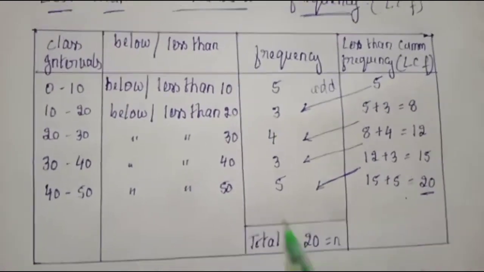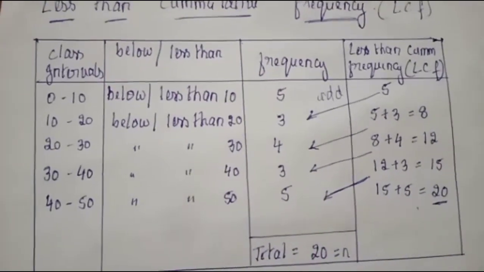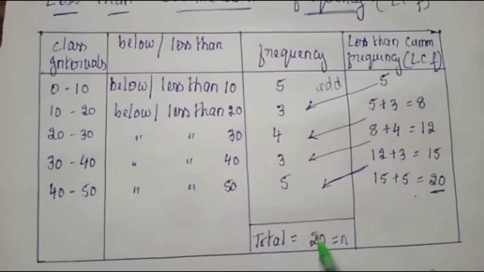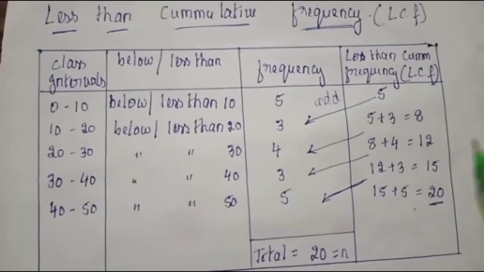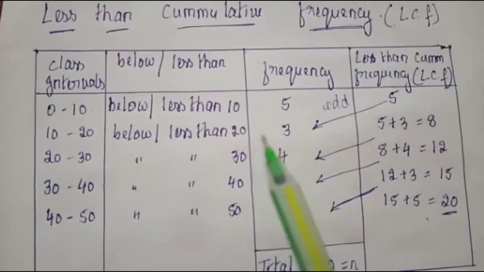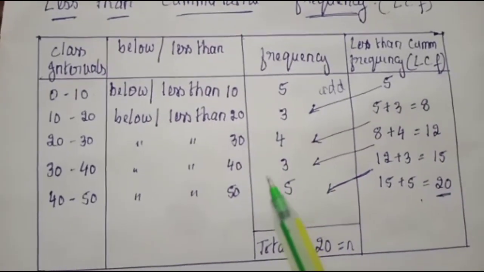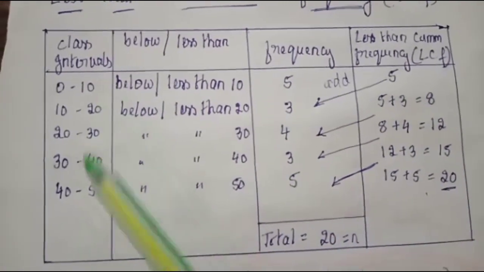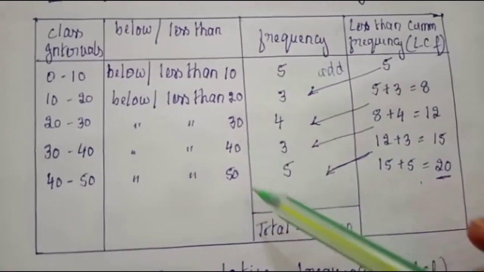So this is how to find less than cumulative frequency. I still haven't started how to find the median. I am just explaining the meaning of less than cumulative frequency. Why are we using less than cumulative frequency? To find the middlemost observation in a group data. You can see this is a group data. How to find the middlemost observation? Here the frequency is given.